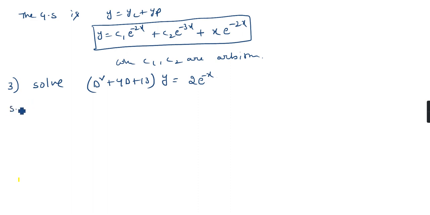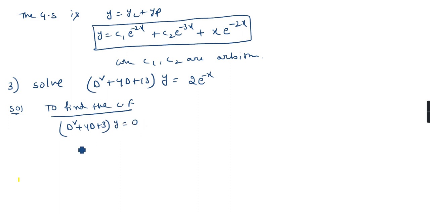So everyone, find the complementary function first. To find the complementary function, consider the left hand side part, that is d square plus 4d plus 13 into y equals 0.